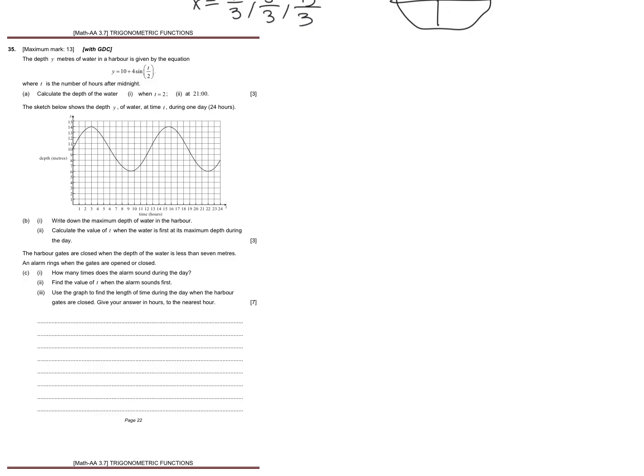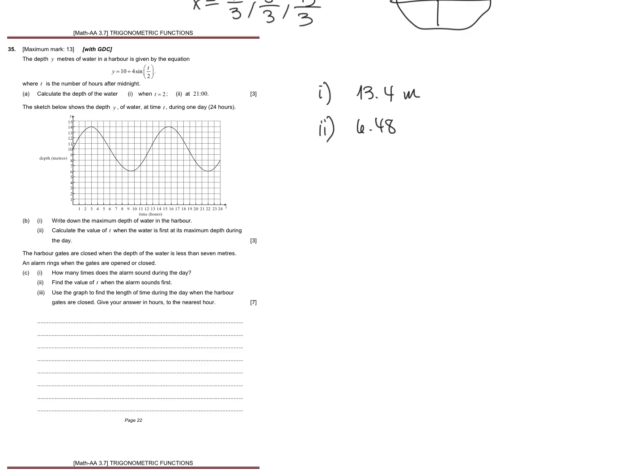So when t is 2, it's 13.4 meters. 21 hours, so the number of hours after midnight, we just substitute in 21 over 2. So this is 6.48.